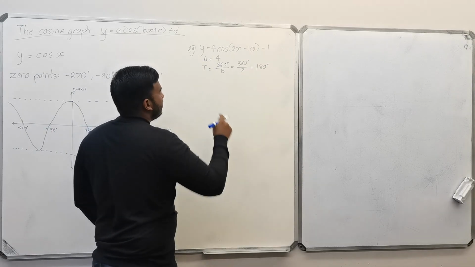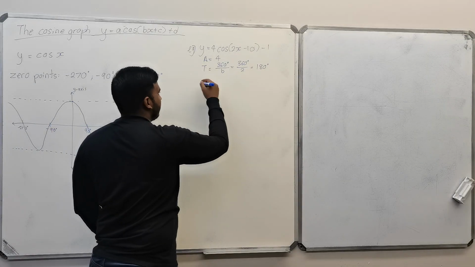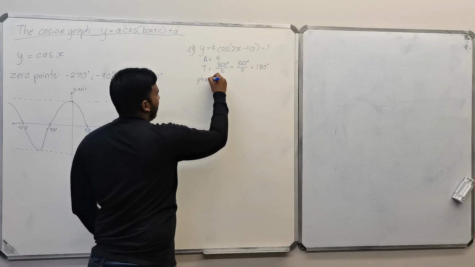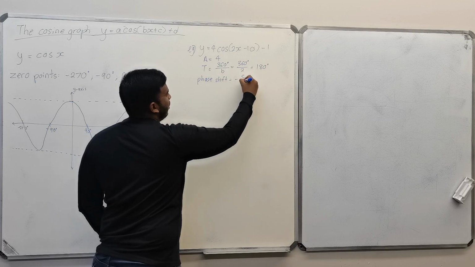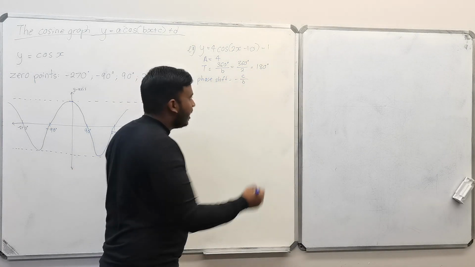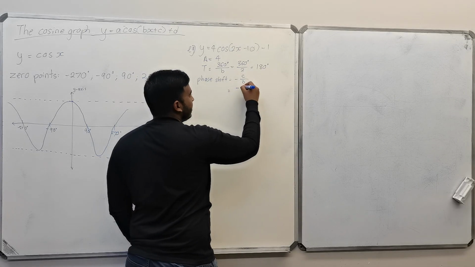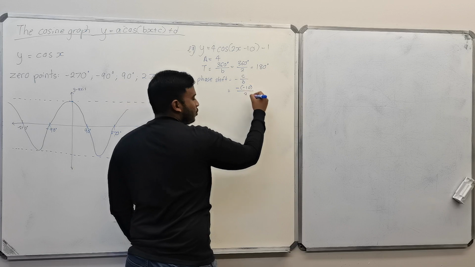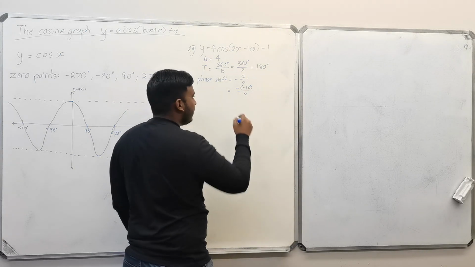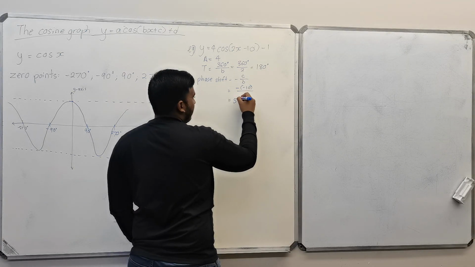That was period. Phase shift is equal to minus c all over b. This would be equal to minus 10 all over 2, which would be 5 degrees.